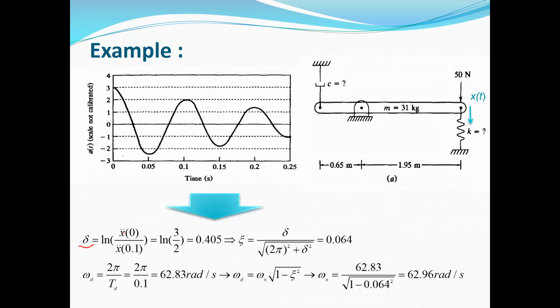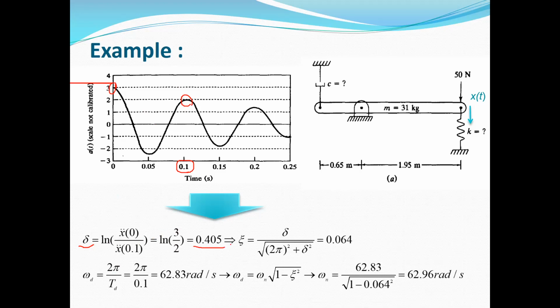The acceleration at point t divided by the acceleration at point 1, because it's clear that the period of this system is 0.1. So x1 is equal to x at this point, and x2 is equal to x at this point. Okay, so we can substitute ln of 3 divided by 2, and it's equal to 0.4.